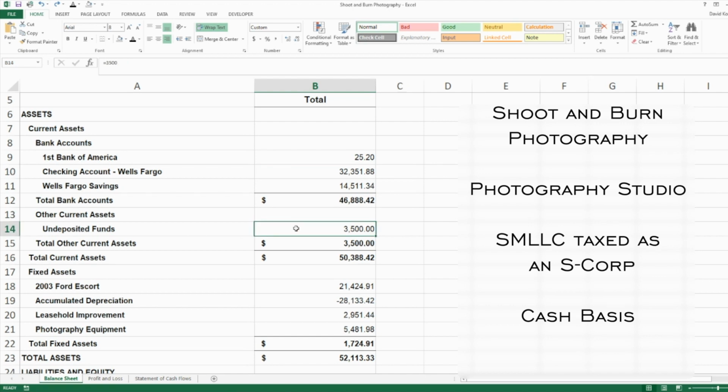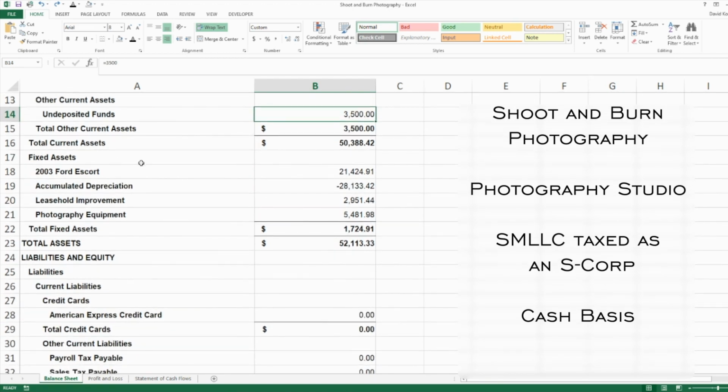All right, so we talked about the other current assets, and you'll see here that the last section in the asset section is for fixed assets. And again, these are items that we will utilize over a long period of time in the business. So we're able to capitalize them because they're assets of the business, and then every year take a little bit more depreciation. And depreciation is basically recognizing the expense.